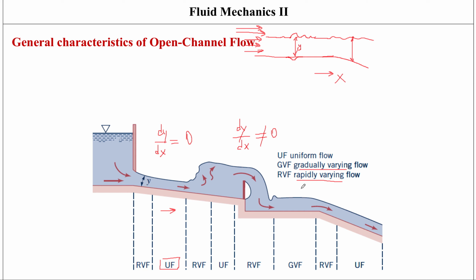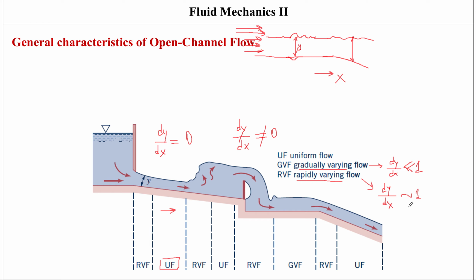So in these cases, for gradually varying flows, dy by dx is going to be very, very small, a lot smaller than 1. And when we're talking about rapidly varying flows, then dy by dx is approximately or close to 1.